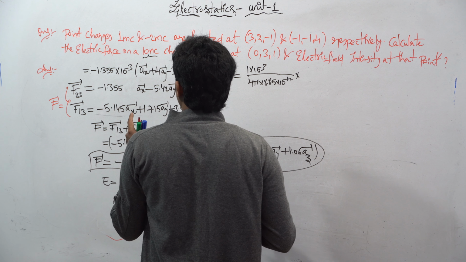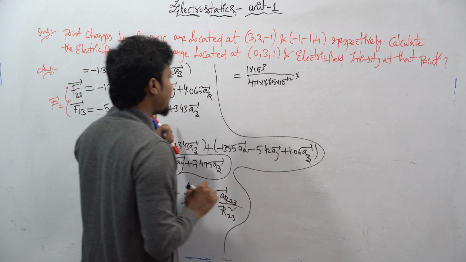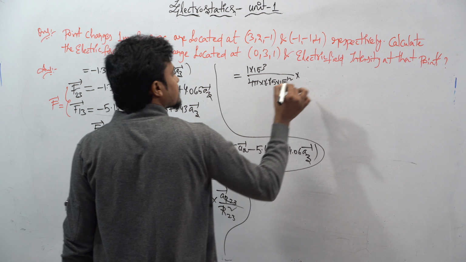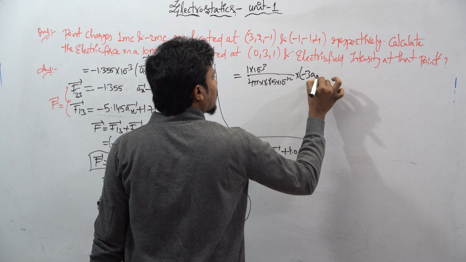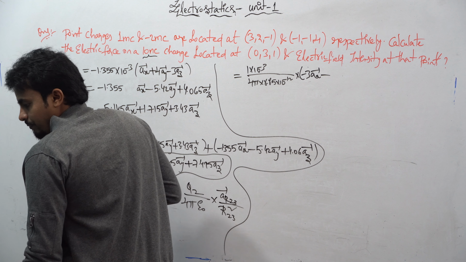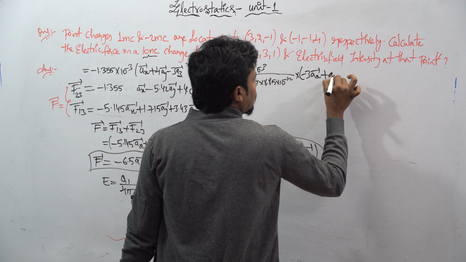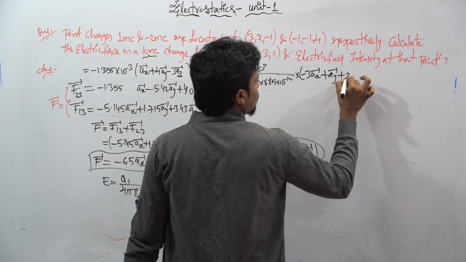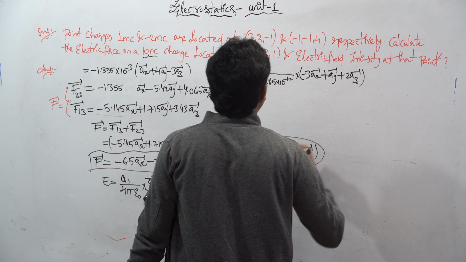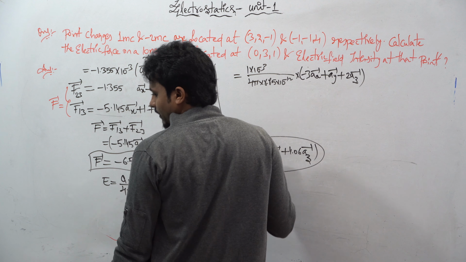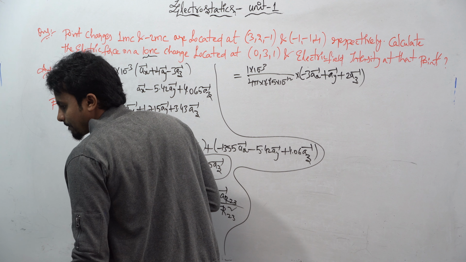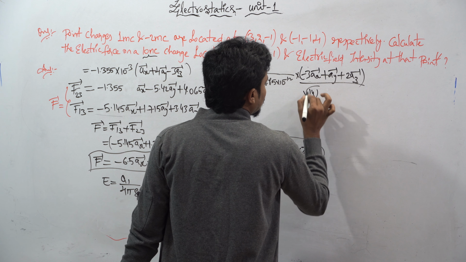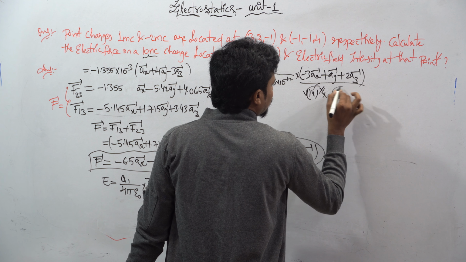AR13 bar is minus 3ax bar plus ay bar plus 2az bar, divided by root 14, right? Divided by root 14 whole square into root 14.